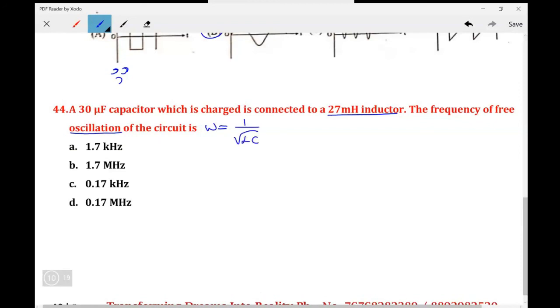So 1 by root of L, which is 27 into 10 to the power of minus 3, into C, which is 30 into 10 to the power of minus 6.